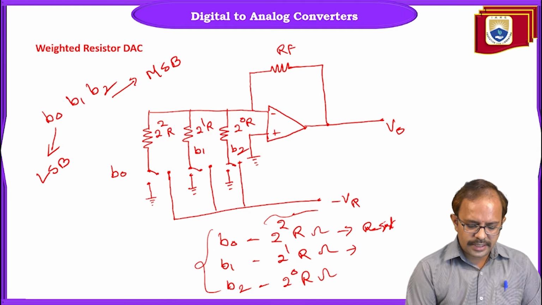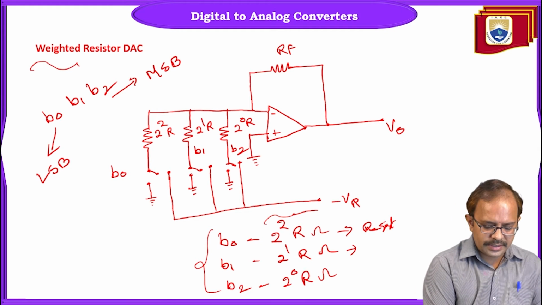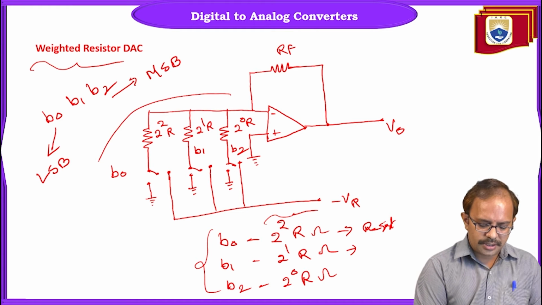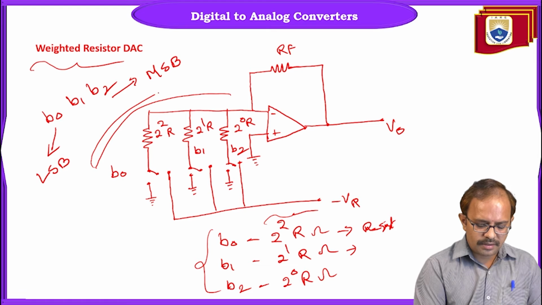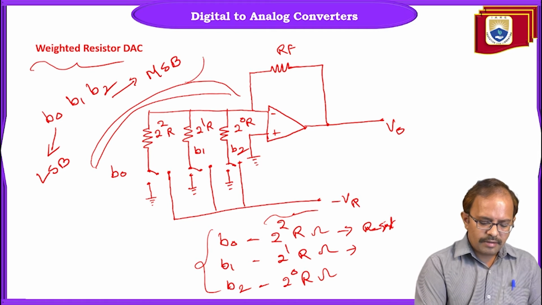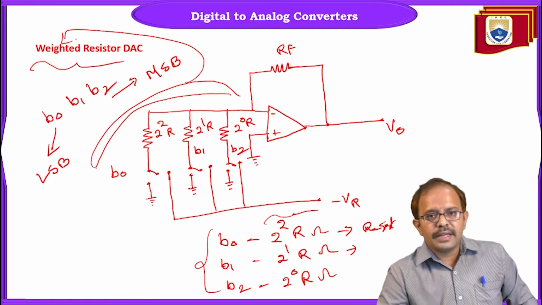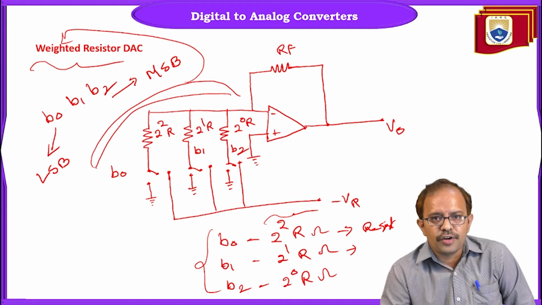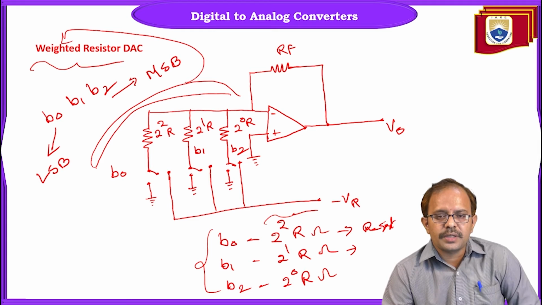Now let us analyze this weighted resistor network. The name of this network is a weighted resistor DAC. It is obtained because of this configuration. This looks like a weighted resistor network where the resistance of the network is not uniform. The resistance of the network is not the same.